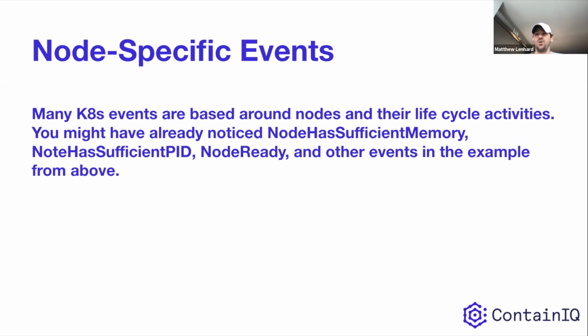That will be less noisy than setting your own CPU based limit. So node memory limit reached and node CPU limit reached are two ways that you can monitor the health of your nodes while limiting that white noise of, send me an alert when CPU is greater than X.